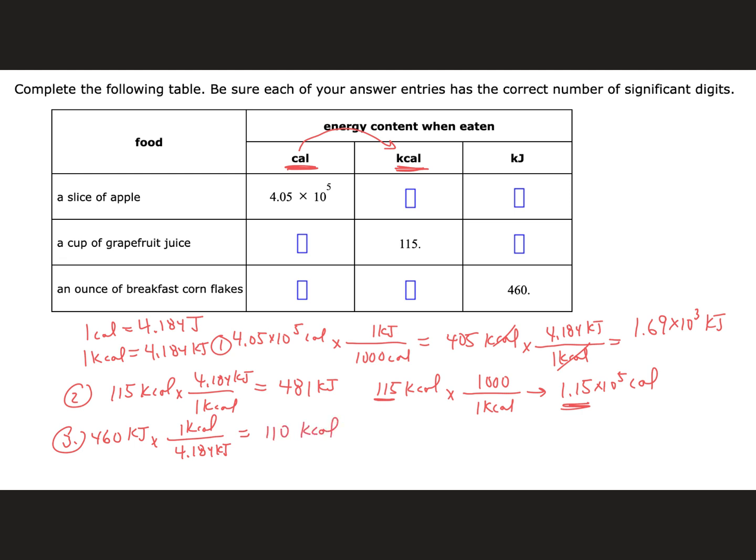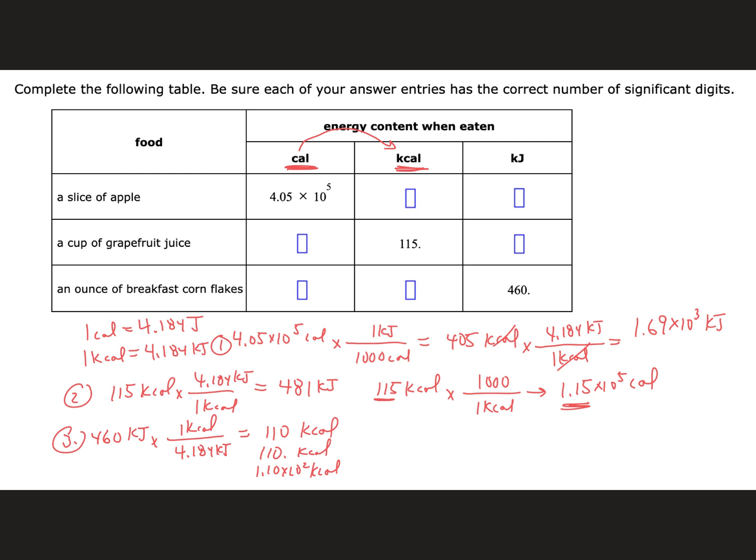But this is where some of you are running into problems because 110 as written, it's actually 109.9. We round it up to 110 to make significant figures. 110 as written is only 2 significant figures. So we'd have to write it as 110 point kcals or 1.10 times 10 to the 2 kcals. Those are the only ways we can write 3 significant figures.